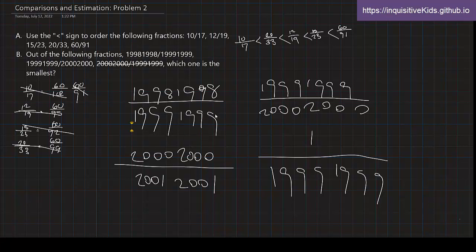So if it has the biggest pieces, then how come it's the least? Well, now you take those pieces and you eat 1998 of them. So that's also a large amount, but the pieces are greater, and you still have a small amount left, right? Now let's compare this to the second fraction.